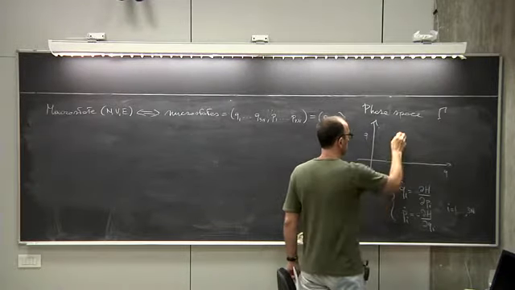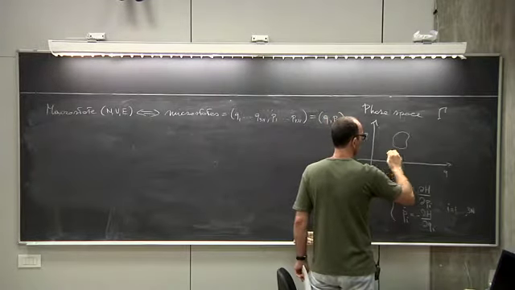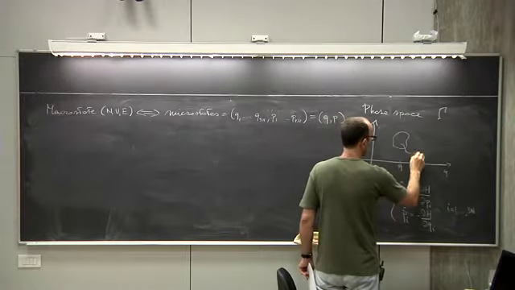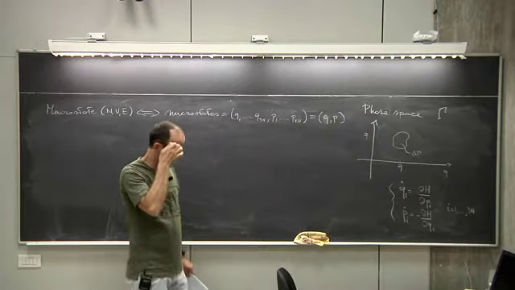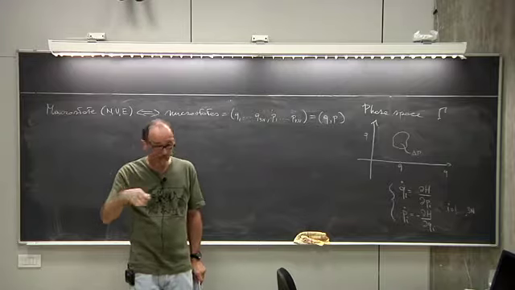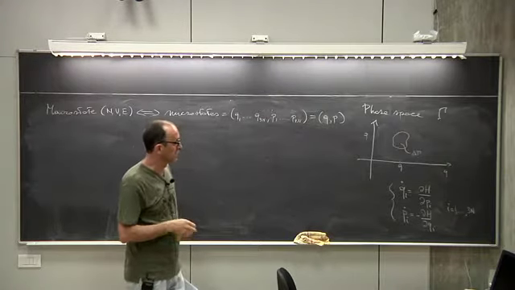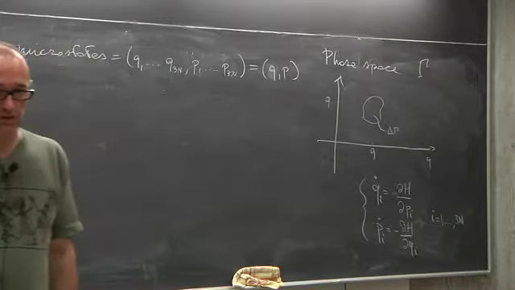So let us consider a small volume, and let's say there is a fraction delta gamma of points of my ensemble in this volume. So how will this number change in time?